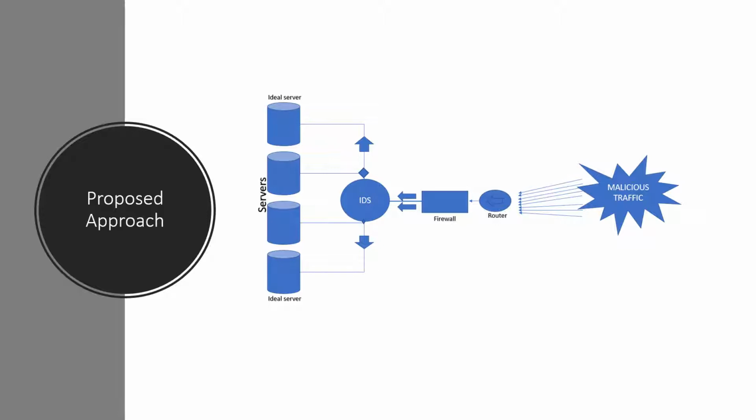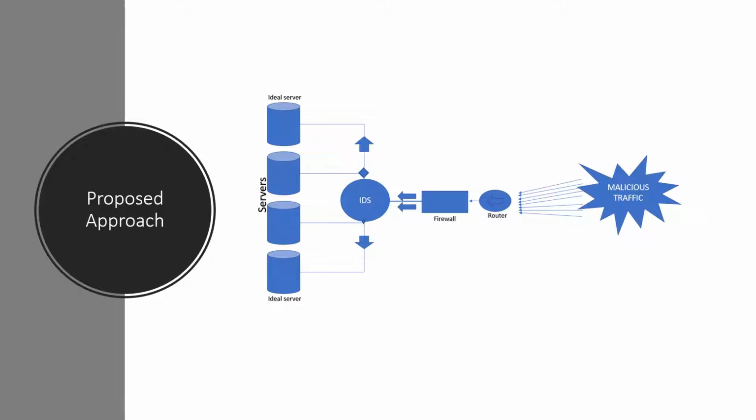Here we propose the advanced intrusion detection, wherein idle servers are placed behind the servers, which will come in to help whenever there is a DDoS or a DoS attack on the organization.